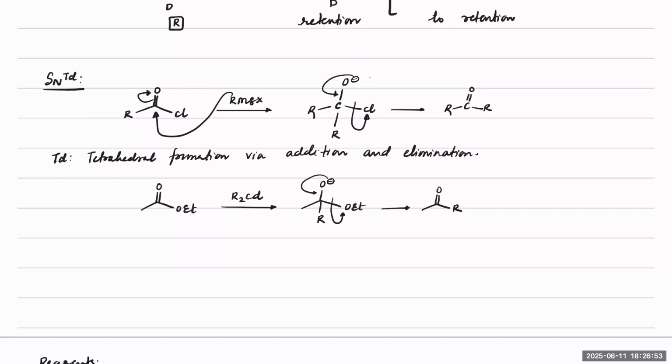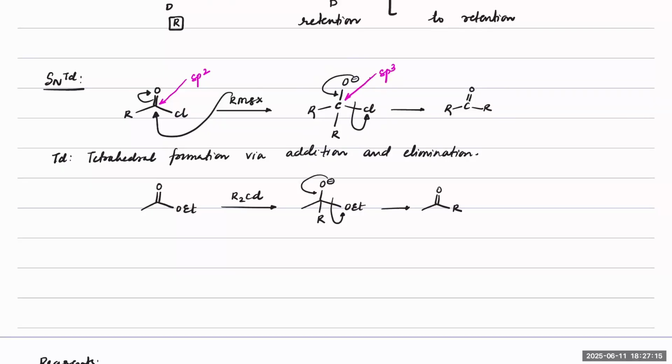Got it? So what is this product now? This is the keto form which you will get. But during the mechanism, what has happened here? First, an addition took place, correct? And here, if you notice the hybridization, this carbon was sp2 hybridized. After the attack, it has become sp3 hybridized.